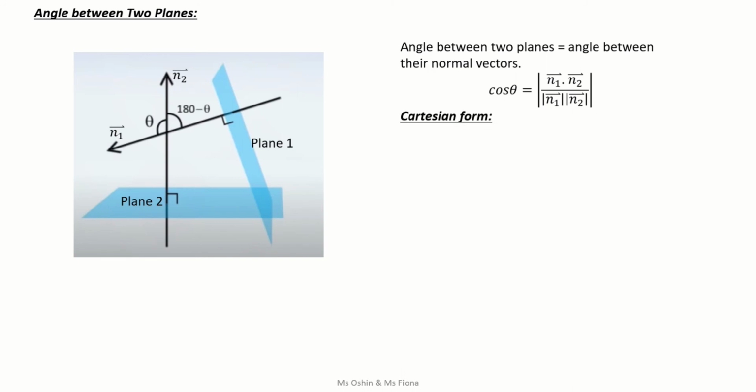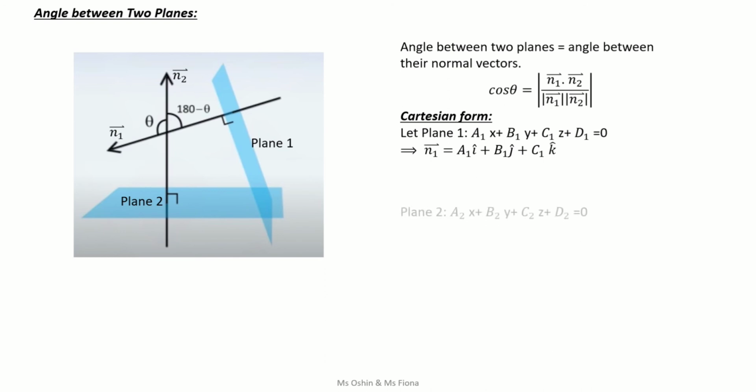In order to derive the Cartesian form, let us consider the equation of plane 1 as a1x plus b1y plus c1z plus d1 is equal to 0. From this equation, it is clear that a1, b1 and c1 are the direction ratios of the normal to plane 1. Therefore, n1 vector will be equal to a1 i cap plus b1 j cap plus c1 k cap.